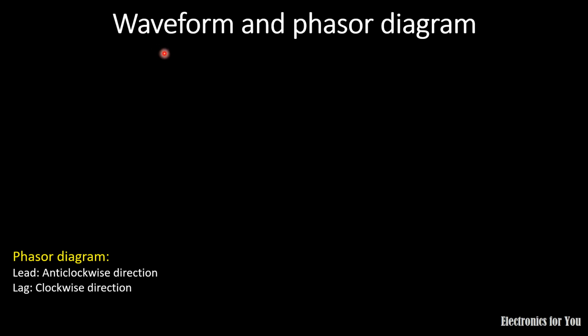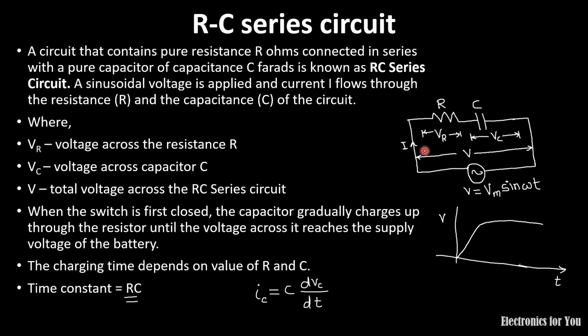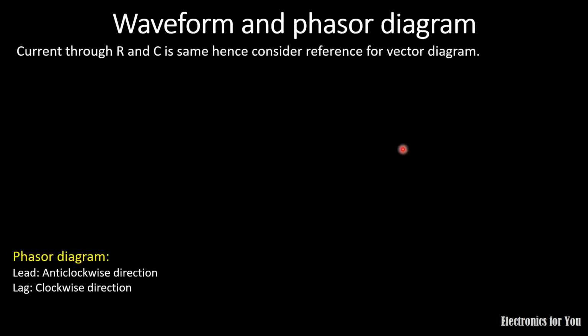Now let us plot the phasor diagram and waveform for the RC series circuit. Now in case of a series circuit, the current flowing through this circuit is constant, whereas voltages are different for R and C. Therefore we will consider current as a reference, and it will be taken on the horizontal axis, that is the x axis.